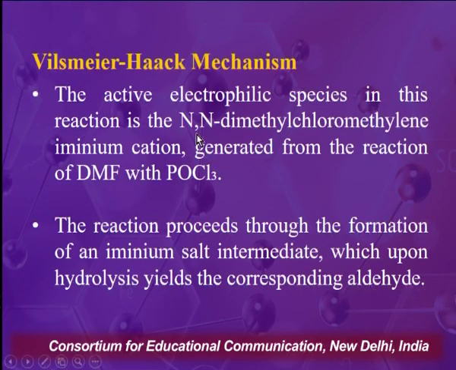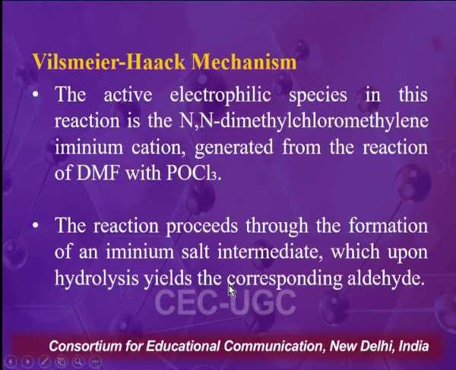In this case, the electrophile is the N,N-dimethyl chloromethylene iminium cation, which is generated from the reaction of DMF with phosphorus oxychloride. Then the reaction proceeds through the formation of an iminium salt intermediate, which upon hydrolysis yields the corresponding aldehyde as the final product.